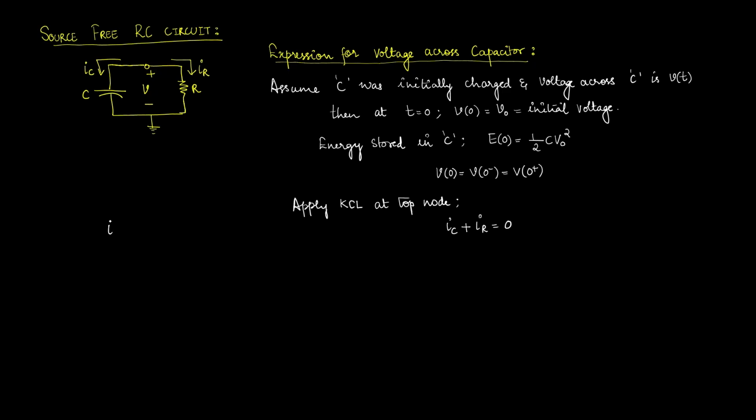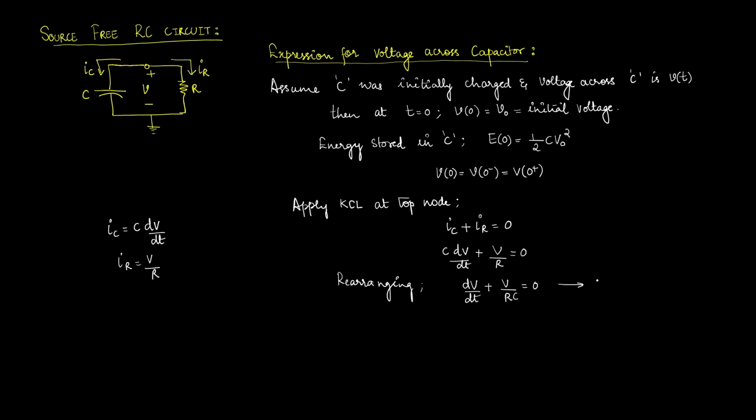We know that the current through the capacitor can be computed as C dV by dt, and the current through the resistor is IR equal to V by R. Substituting, we get C dV by dt plus V by R equal to 0. Rearranging, we have dV by dt plus V by RC equal to 0.